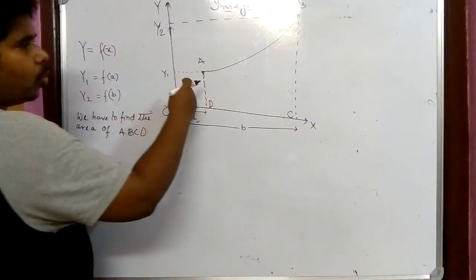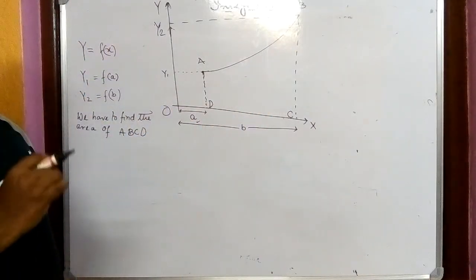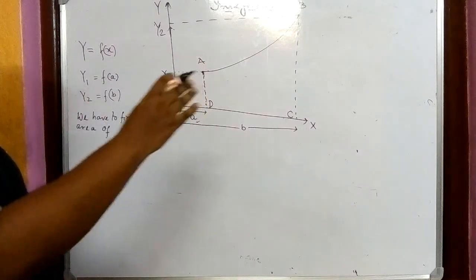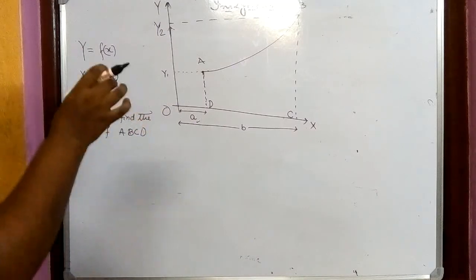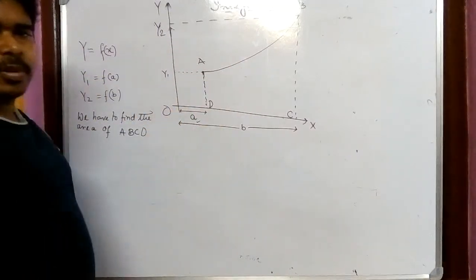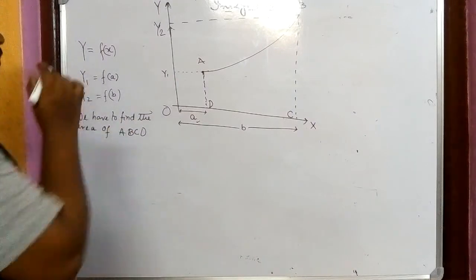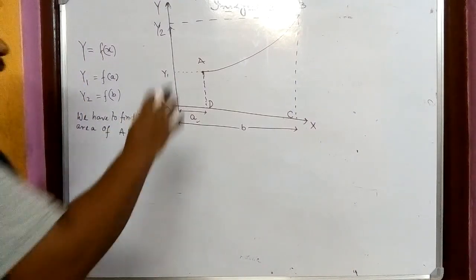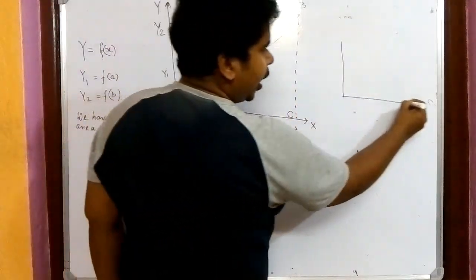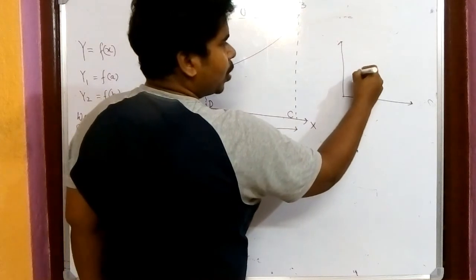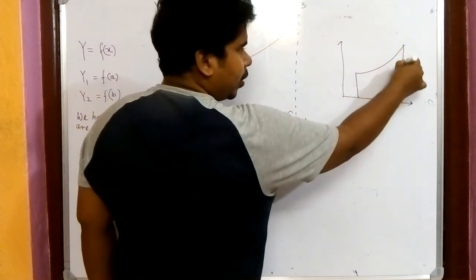We have to divide this whole area into some stripes. If I find the area of the stripes, then we add the area of the stripes and we will get the total area. Just assume I have given a demo here. This is the graph, and this is the area we want to find out.